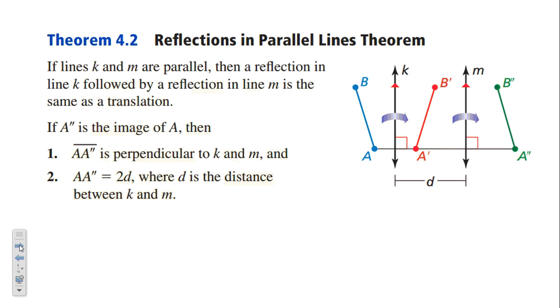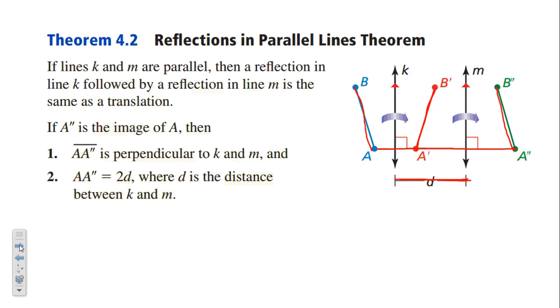Okay. So the only distinction here is if this was my original figure, I reflected it to here, and I reflected it again to here. The distance between these lines is half of the distance between these 2 points.